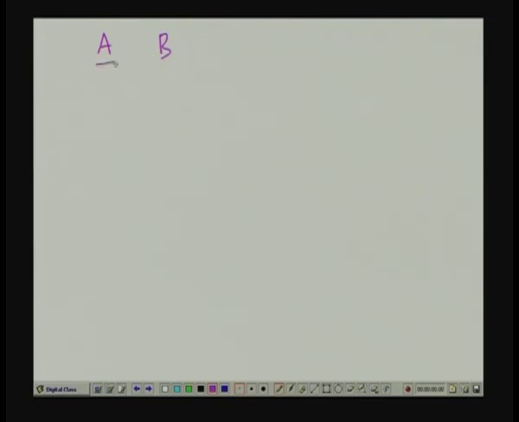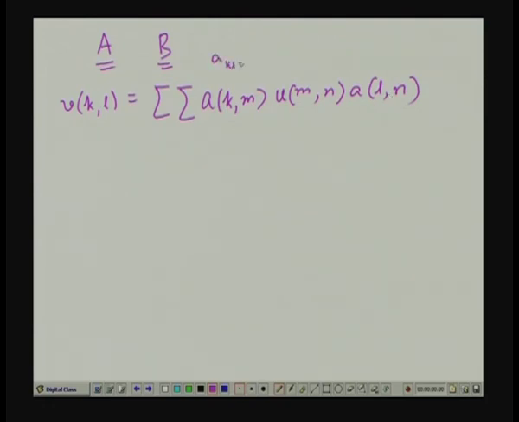So, if I take both A and B to be the same, then the transformation equation can be written in the form v_kl equals the double summation of a_km u_mn a_ln. Compare this with our earlier expression, where we had a_klmn.